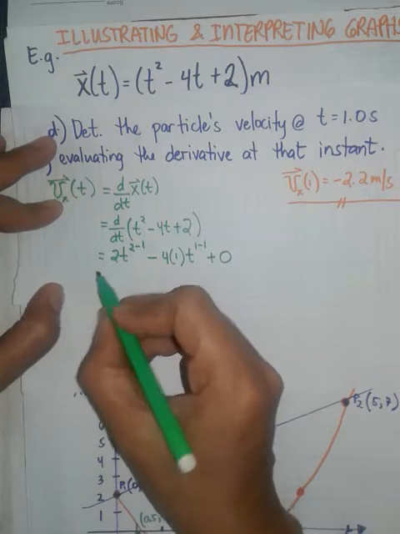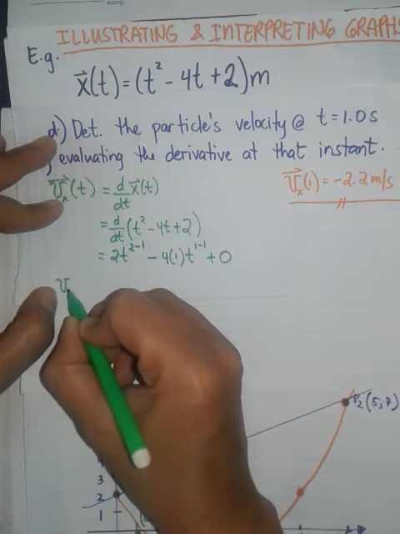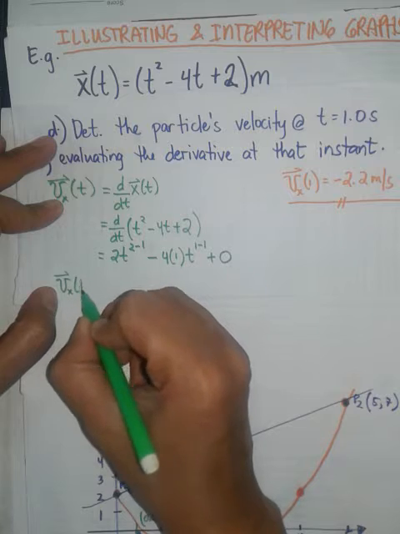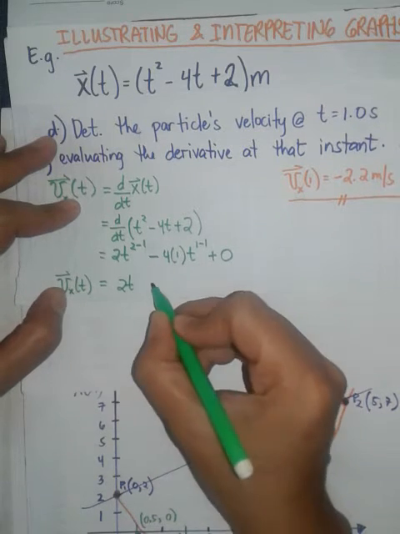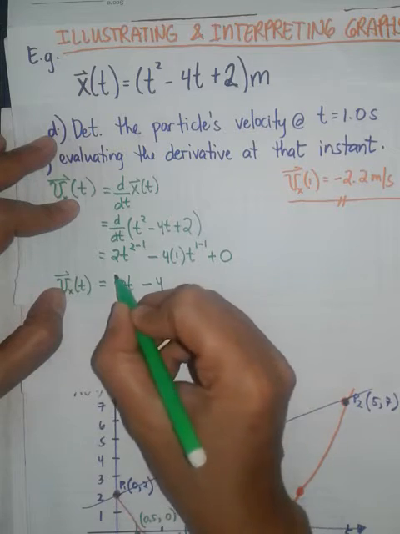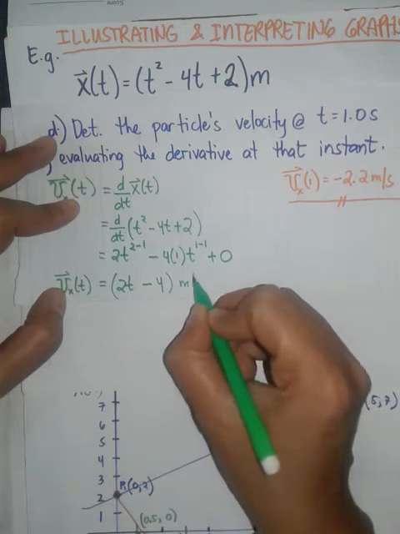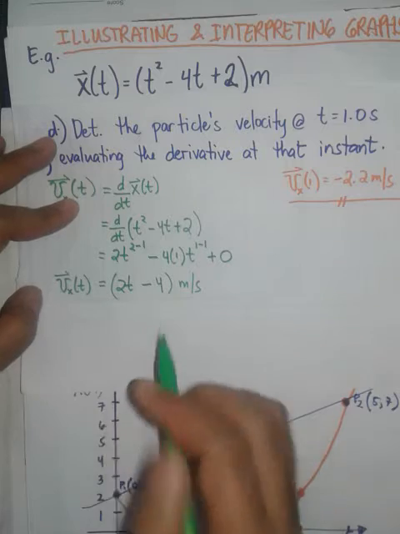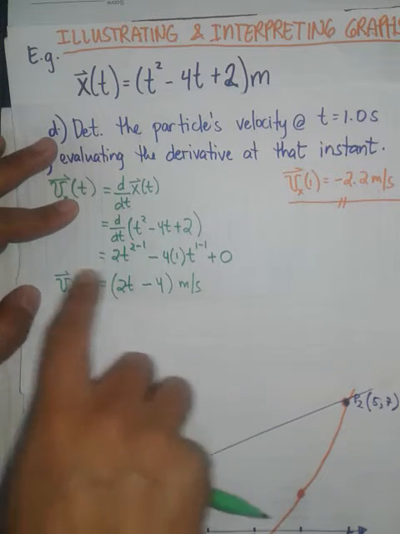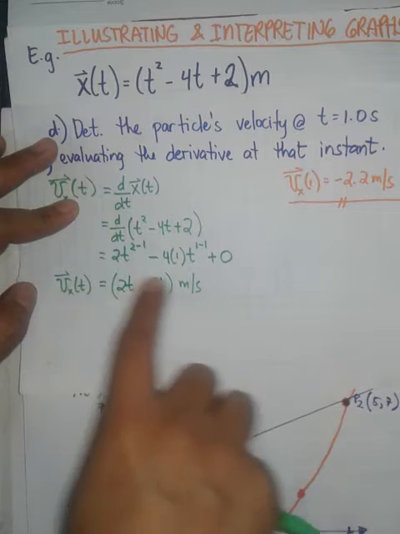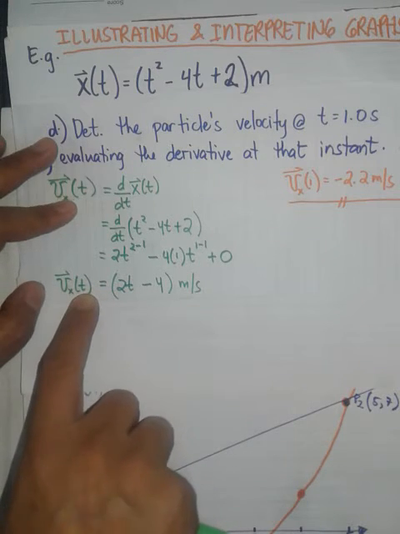So, we now say that our general expression for v at any time value is just 2t, okay, minus 4. And then the unit of this should be meters per second. So please take note that this t here can have any value. So this is our general equation for v at any time t.